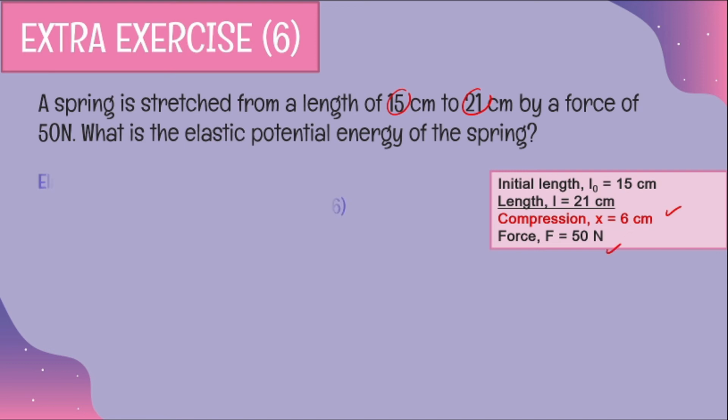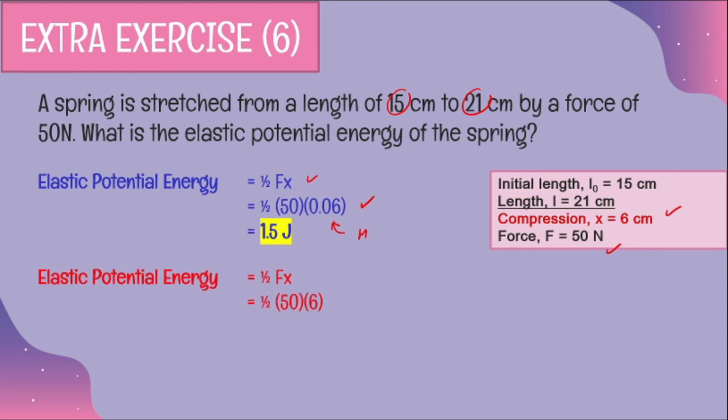So, dia nak EPE. EPE is half Fx. Masukkan. Ingat X mesti in meter. Okay, so 1.5 joules. Kalau tak nak tukar joule, boleh juga. Tapi ini kamu kena tulis betul-betul. This is in Newton, this is in cm. So, Newton, cm.